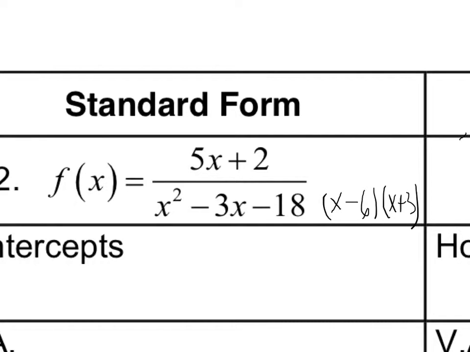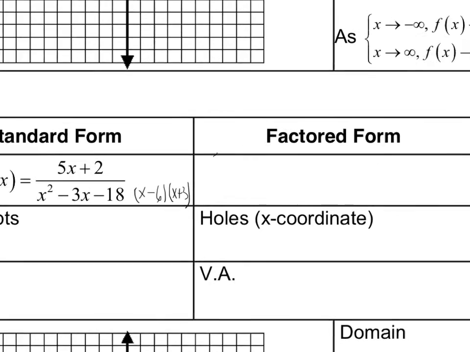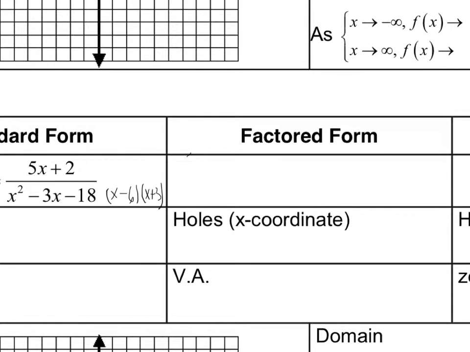And then X minus 6. So then there's no holes because you didn't cancel out anything.